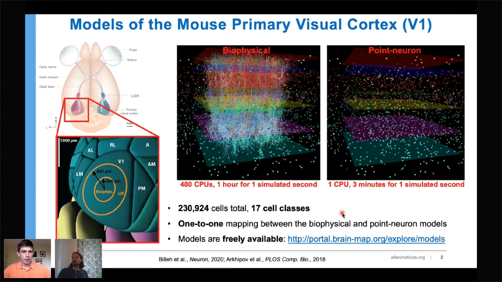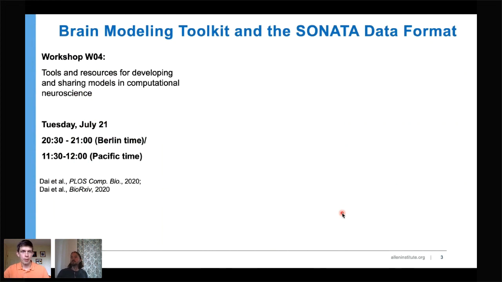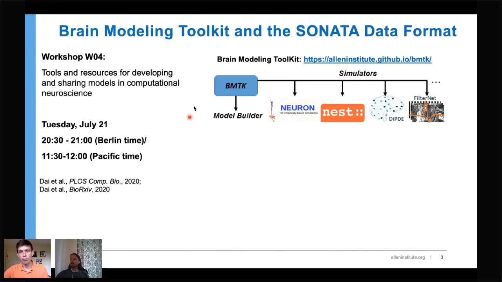So how did we achieve this? We've built some tools, and I'll mention that we present these tools in a workshop on Tuesday, the workshop on tools and resources for developing and sharing models in computational neuroscience. There will be a lot of very interesting talks there about different tools, including ours. The tools are the Brain Modeling Toolkit, which is software we built for running simulations.